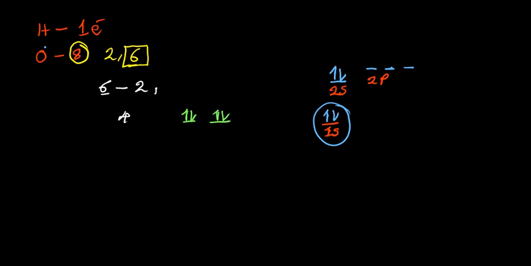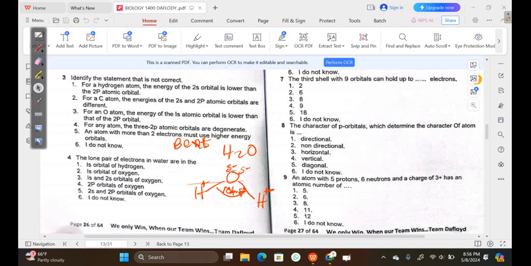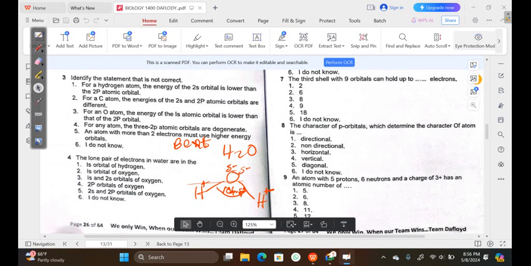So you know the Aufbau principle in chemistry. Remaining with 4, you start by filling 1 here, another one there, another one here. We are remaining with 1 more, like this. Okay? So the question was, I think we can go back now. The lone pairs of electrons in water: we have 2 lone pairs here.